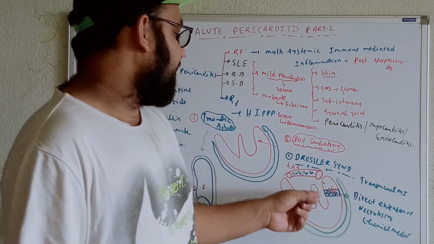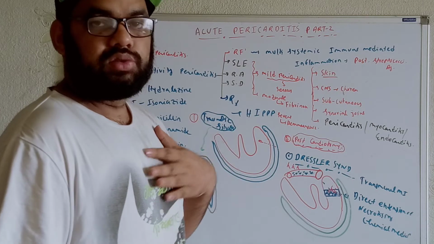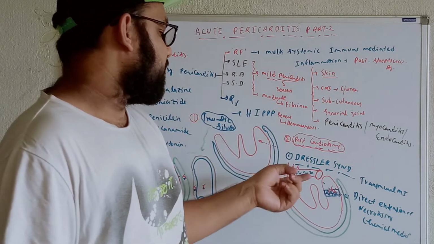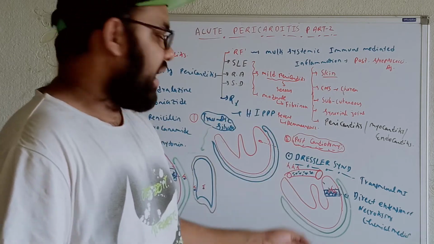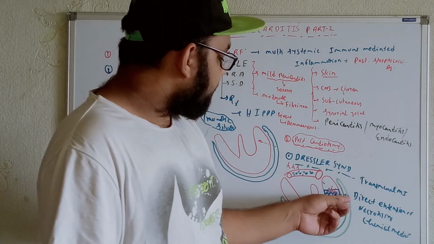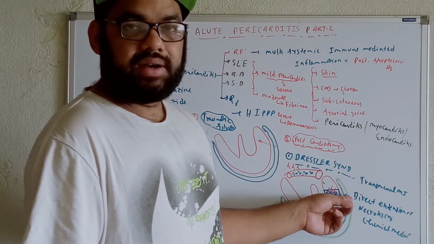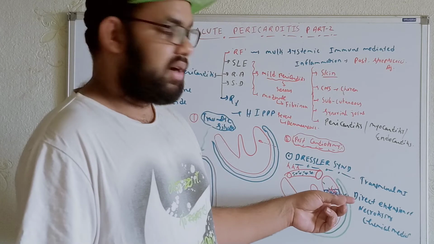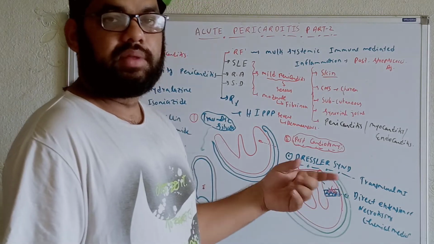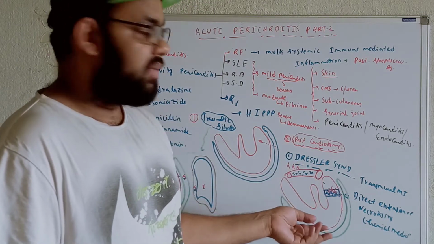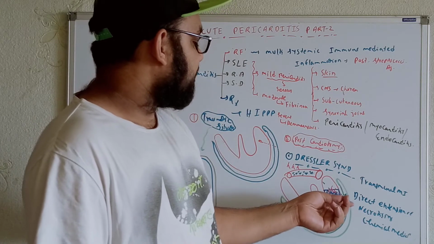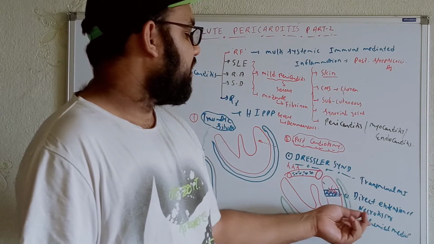For example, I have developed the myocardial infarction today. After 2 to 3 days, within 24 to 72 hours, if you see the development of pericarditis, the inflammation within the pericardium, after developing transmural myocardial infarction, at that time we can consider this to be the direct extension of the myocardial chemical mediators.